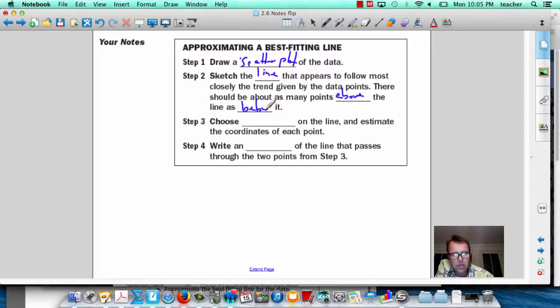And then we should choose 2 points on the line and estimate the coordinates of each point. And finally, we should write the equation of the line that passes through the points.